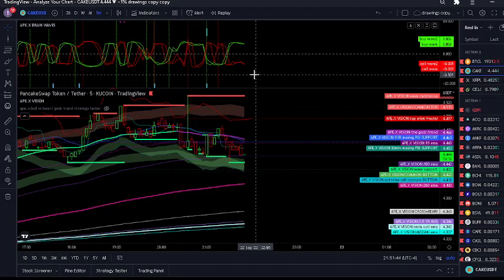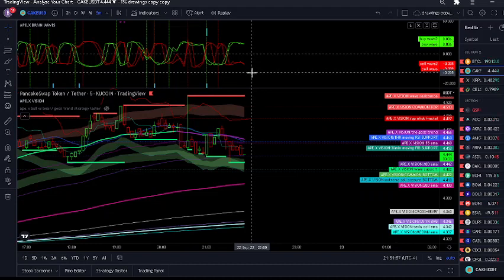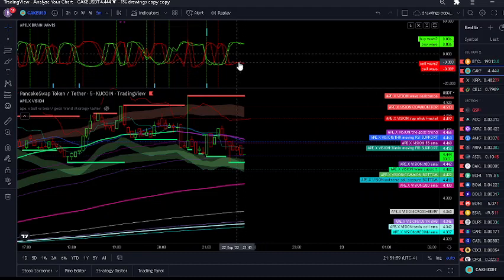Alright, let's see if the cross will happen. If not, I'm going to bed on this candle. See how right here you have the slight curve down? Let's increase sell volume.